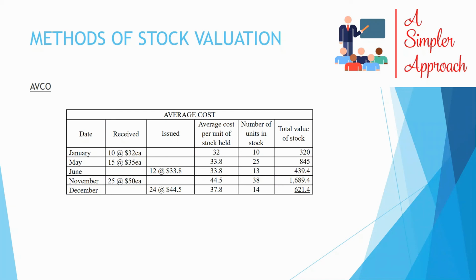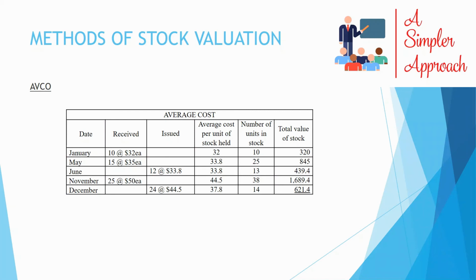Now, what's the value of goods we had there before? 1,689.4. Now, when I have sold my goods, what am I going to be left with? 621.4. Okay?